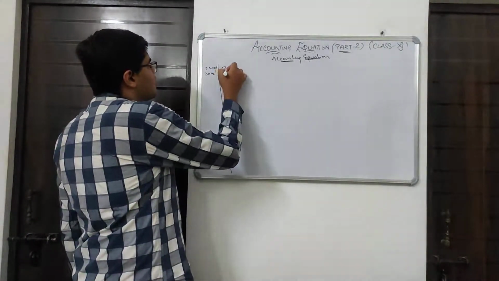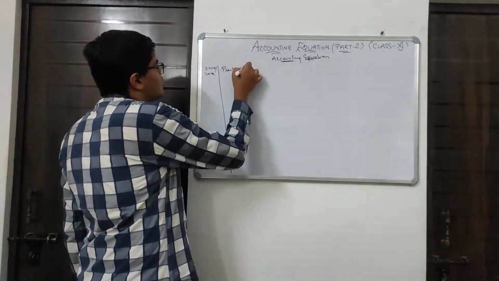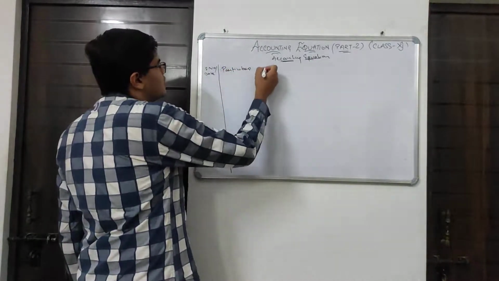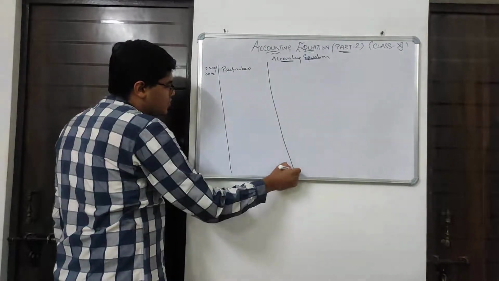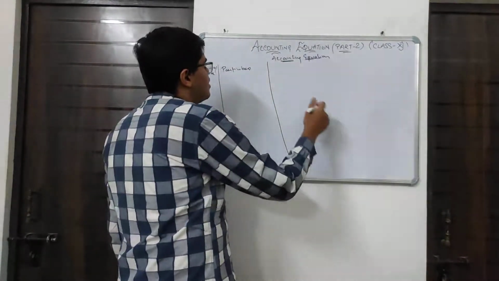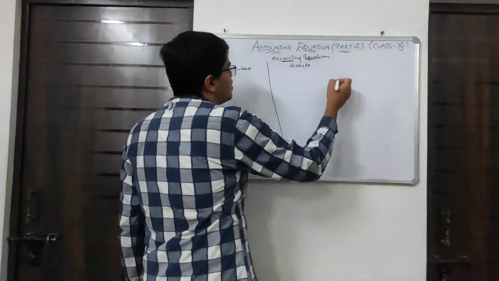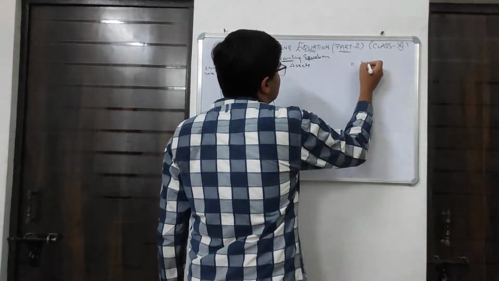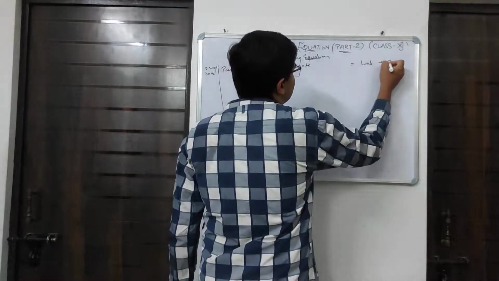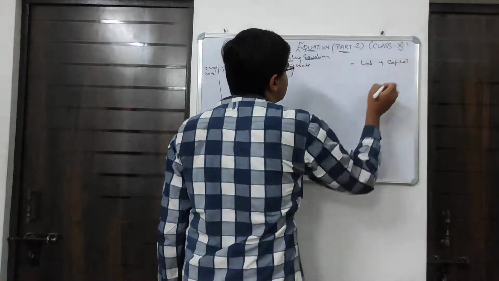Then you have to write particulars. Here you have to write the list of the transactions that is given. Then you have to write assets is equal to liability plus capital.